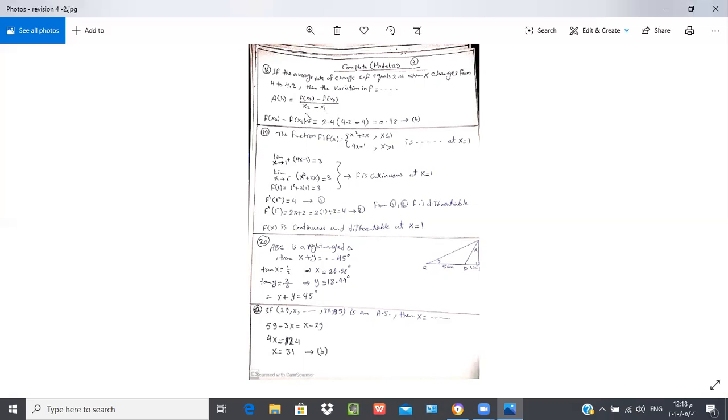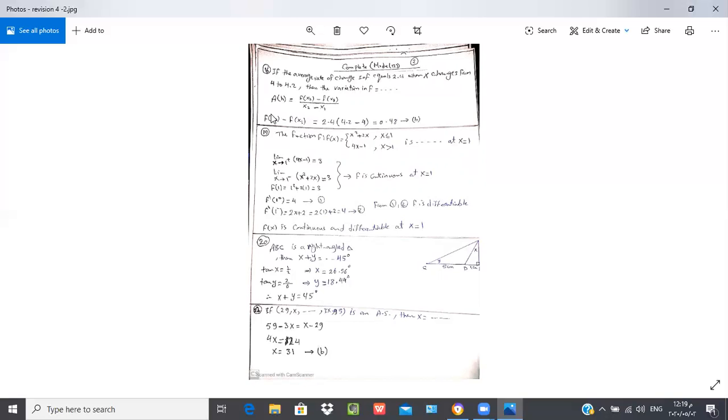Here, if you make a cross multiplication, f of x2 minus f of x1 equals x2 minus x1 multiply A of h, which equals 2.4. So 2.4 multiply x2 minus x1. I get 0.48. And f of x2 minus f of x1, this is the variation of the function, the change in the function.